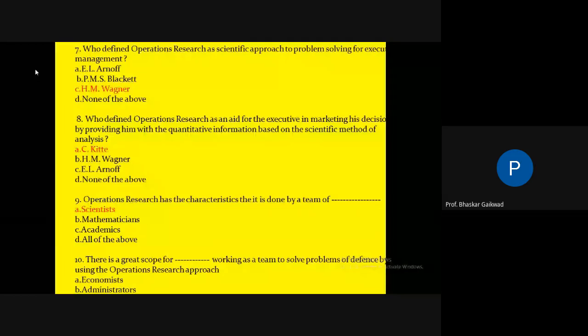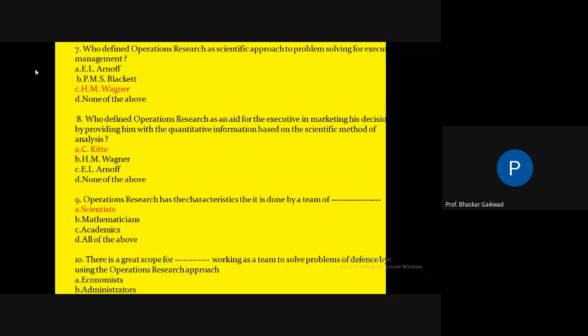Operation research has a characteristic: it is done by a team of scientists. And the last question, question number 10: there is a great scope for dash working as a team to solve the problem of defeat by using the operation research approach.